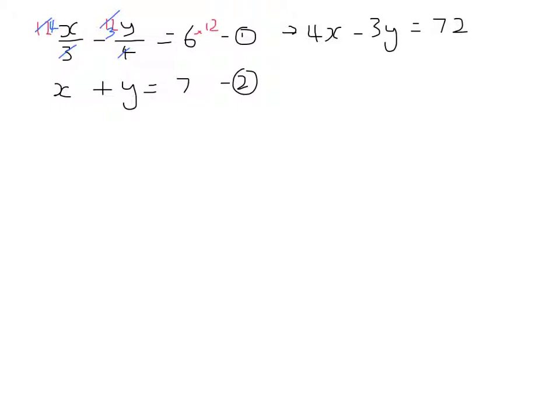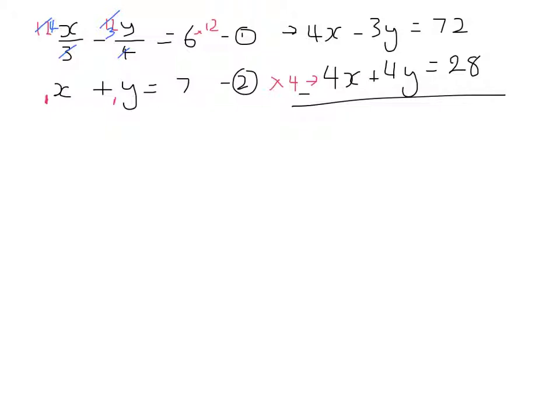Now I want the coefficient of either the x or the y here to be the same as in the modified version of the first equation. So what I'm going to do is I'll just times it by 4 to cancel the x's down. So if we times this one by 4 and bring it across, we have 4x plus 4y equals 7 4s are 28.